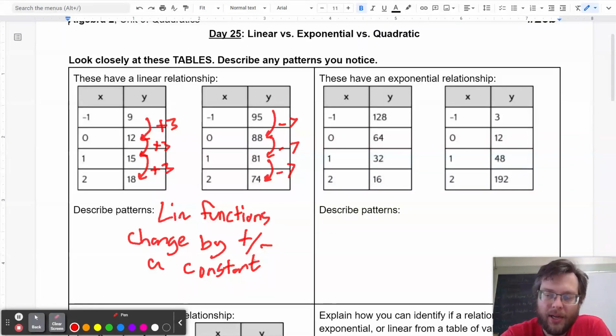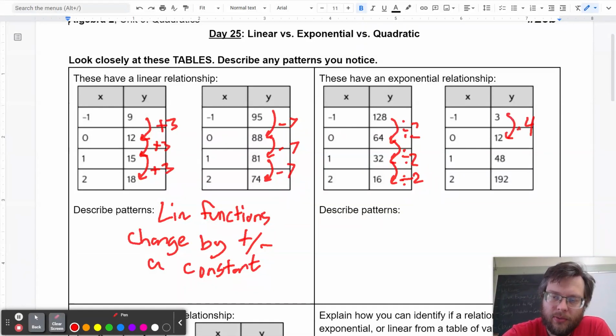Then if you look at exponential, we just did this whole unit, so this should be pretty familiar. Notice that what we did to go from one y value to the next is dividing by 2, or I could have said multiplying by 1/2. And then over on the second table, it's not division, it's multiplication by 4. I guess I could have said it's dividing by 1/4, which is the same as multiplying by 4.